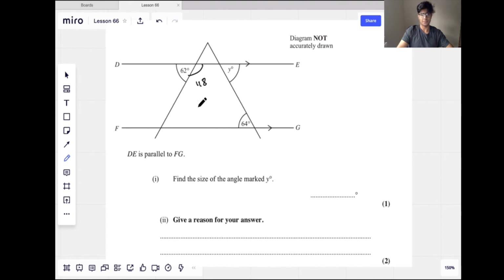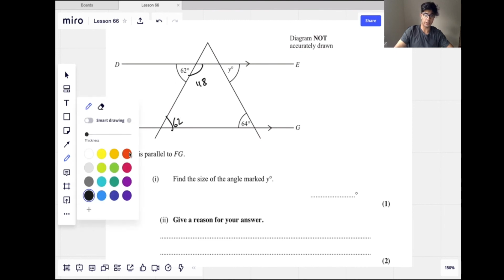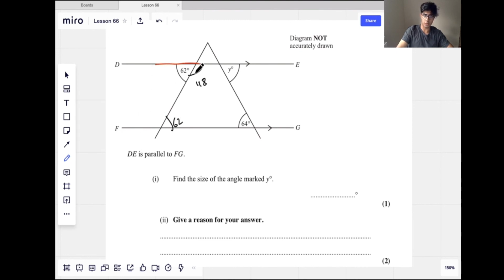With this 118, I can calculate this angle, for example, because they're parallel. So this is 62, and this is actually just the alternate interior angle theorem as well. Look at that Z. So that's 62. Okay, that doesn't seem to be helping me too much.